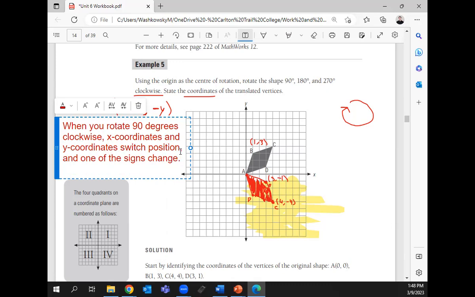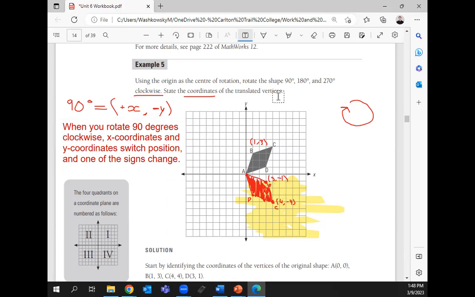So instead of 1, 3, it's now 3 and 1. So for point B, instead of 1, 3, it's 3 and 1. And then one of those signs is going to change. That's where you need to think about which quadrant it's in. I highlighted that to give you an idea there.